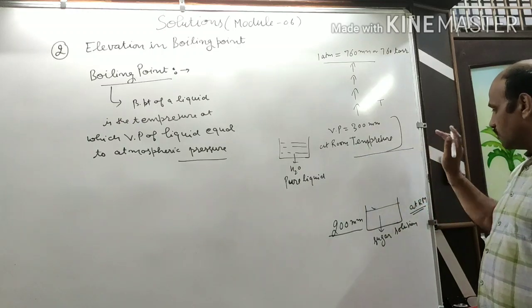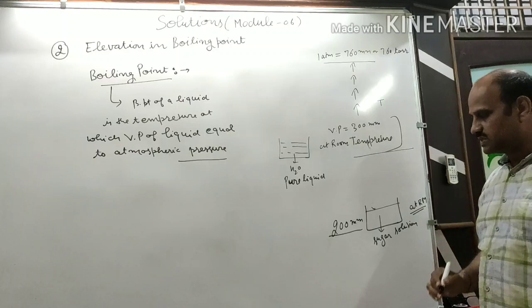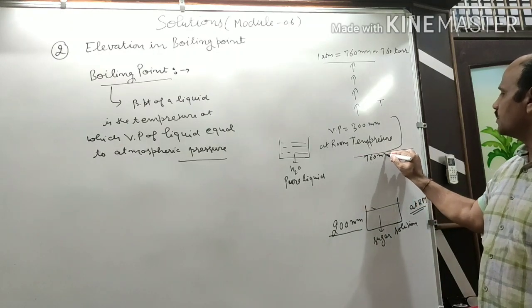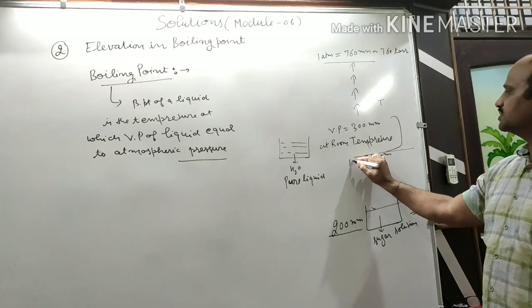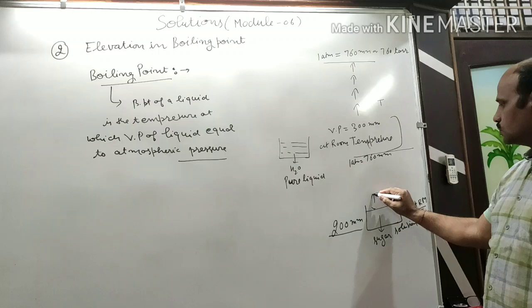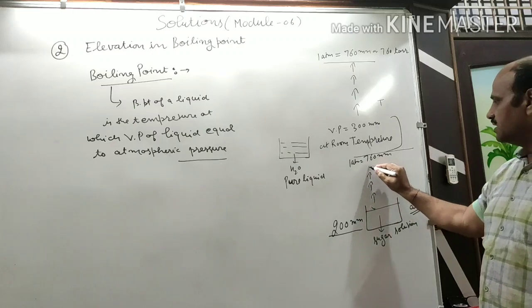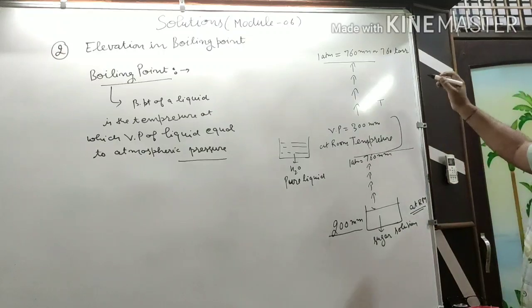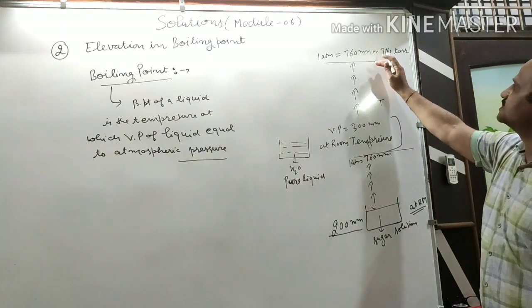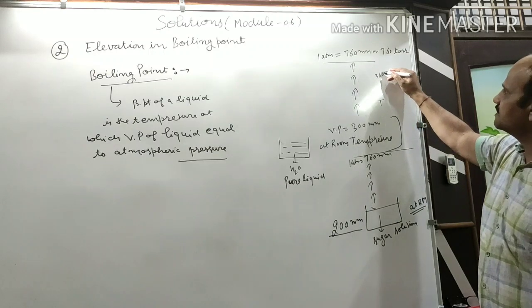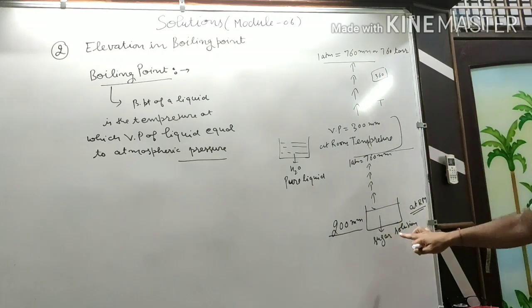Now we have to boil it. For boiling, it should reach 760 mm, that is atmospheric pressure. What happens? We are to heat it, or increase the temperature. Here 300 to 760, what is the difference? 360 vapor pressure difference. And what about here?